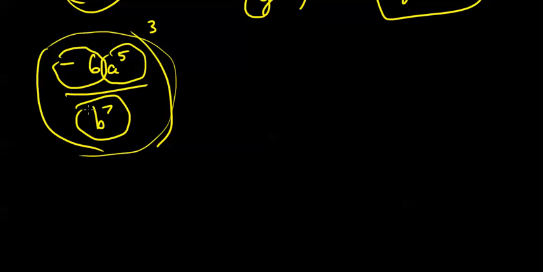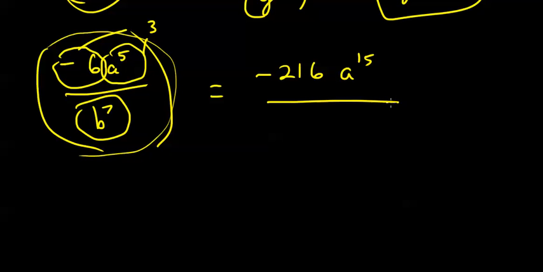And what I can do is distribute according to rule 3 and rule 4, I can distribute that exponent over each factor of that product and quotient. Minus 6 to the 3rd power. Well, 6 times 6 times 6 is 216, and negative 6 to the 3rd power is going to be minus 216. Don't forget, the minus 6 goes for the exponent ride also. A to the 5th cubed. Well, power of a power, you multiply the exponents, and 3 times 5 is 15 at the exponent level.